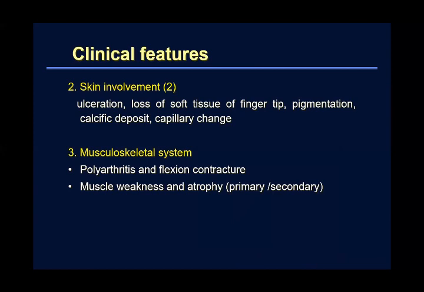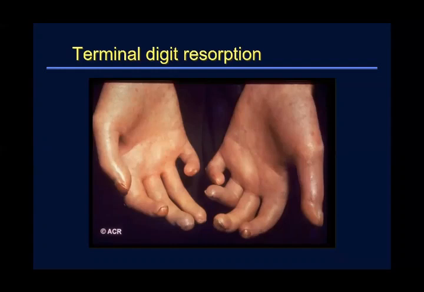Musculoskeletal system, they may have polyarthritis with flexion contractures, muscle weakness, and atrophy like proximal myopathy, which may be part of primary disease or even part of an overlap syndrome with scleroderma.